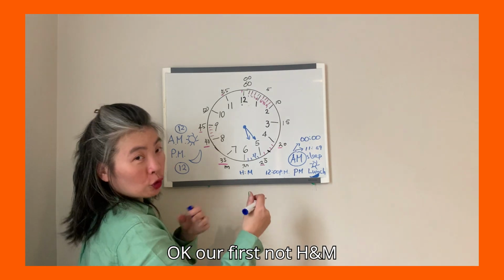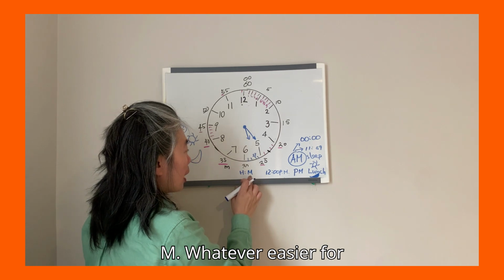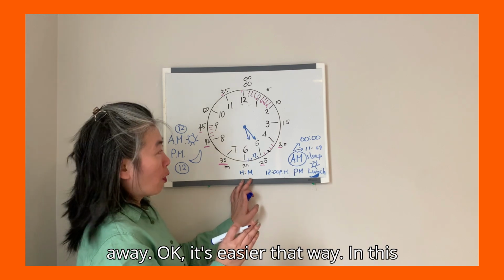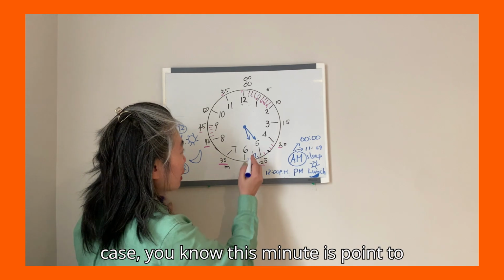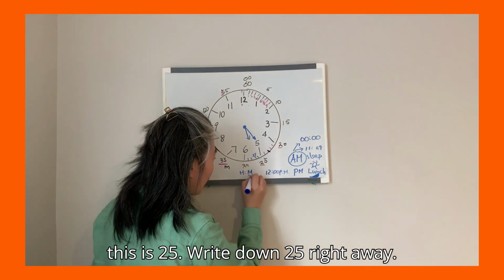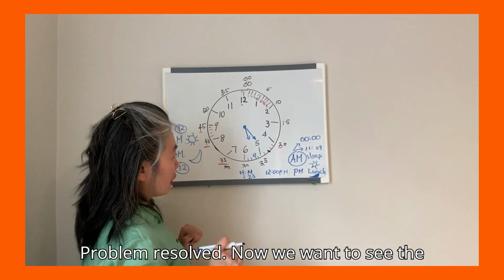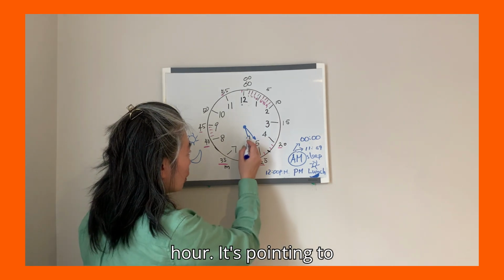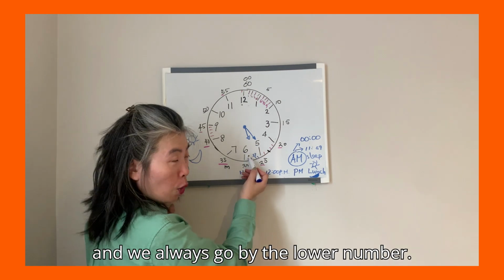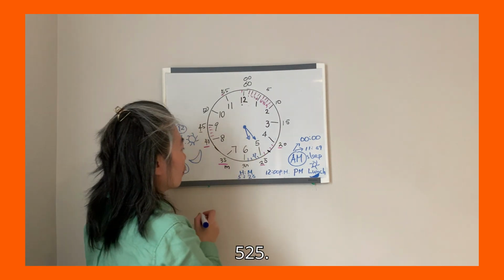Hour first, H and then a colon, M. Whatever is easier for your child to identify, write it right away. In this case, this minute hand points to 25. Write down 25 right away. Problem resolved. Now we want to see the hour. It's pointing to here, between 5 to 6, and we always go by the lower number, okay? So it will be 5:25.